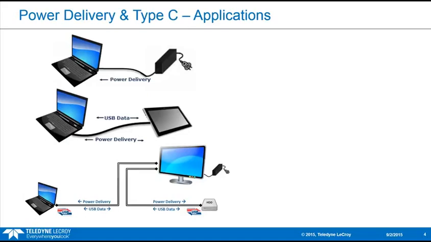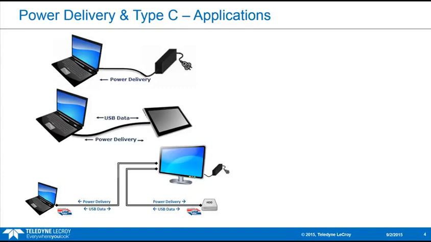Power delivery and the Type-C connector have really become linked together, but they weren't initially. The higher voltages in PD were supposed to work over legacy USB connectors using FSK signaling. But interest in FSK has completely disappeared. There's really no activity. Virtually everyone that's implementing PD has moved to Type-C.